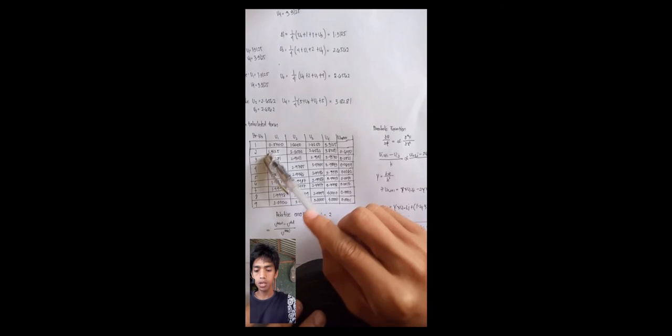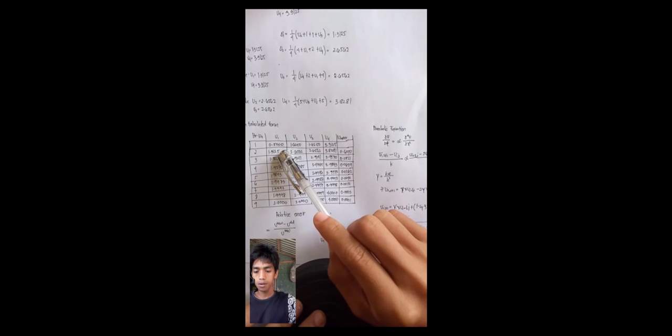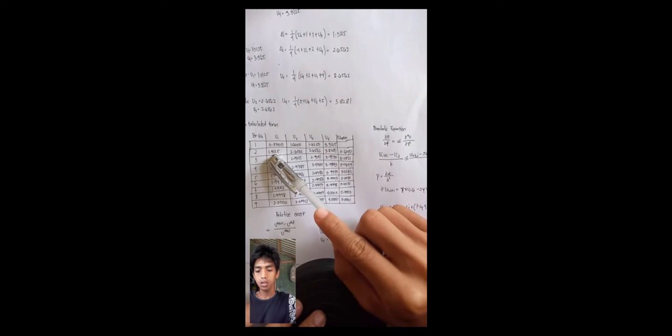For example, u new is 1.3125 minus 0.5000 over 1.3125 is equal to 0.6190.